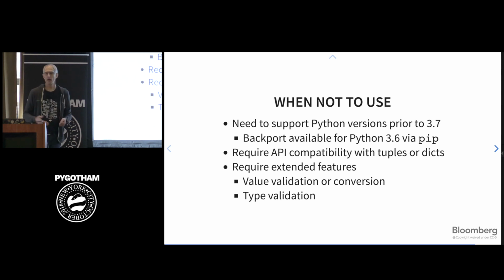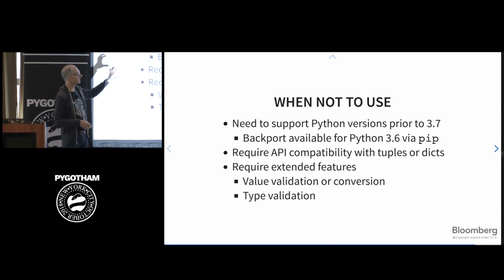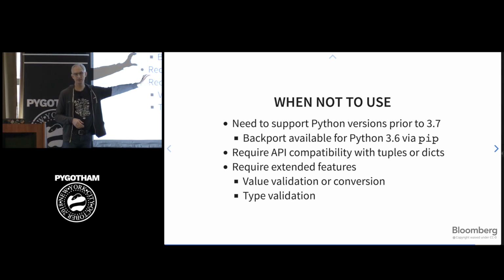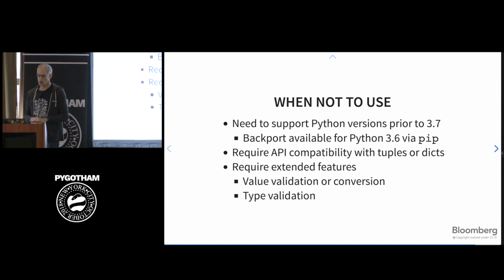That said, Eric has provided a backport that's available via pip that works in Python 3.6. Another situation where you might not want to use data classes is if you have to provide API compatibility with these other basic data types. Or if you need extended features such as value validation or conversion or type validation.